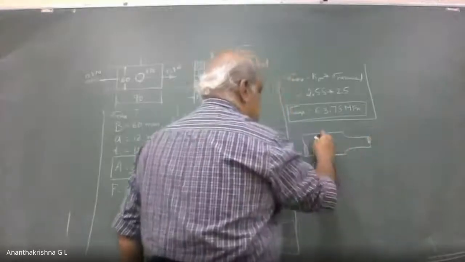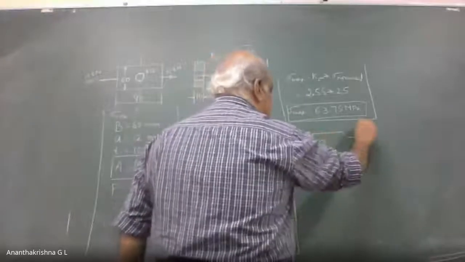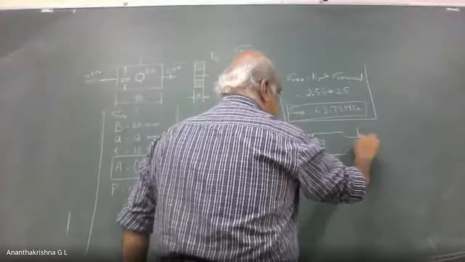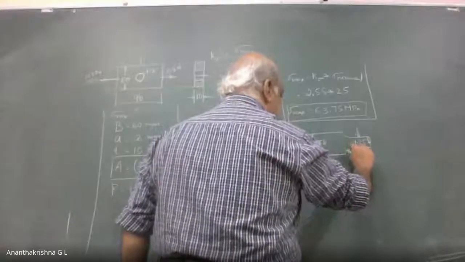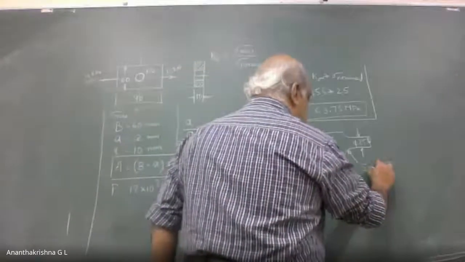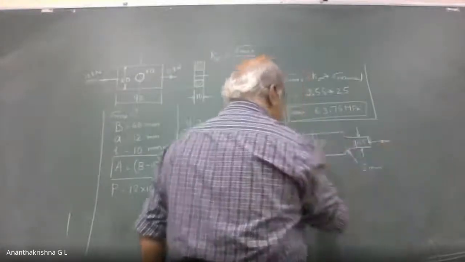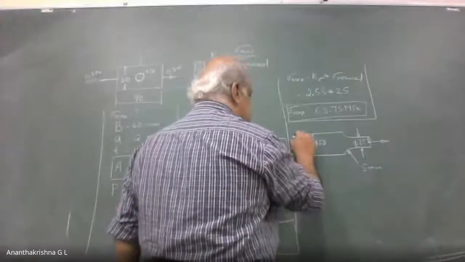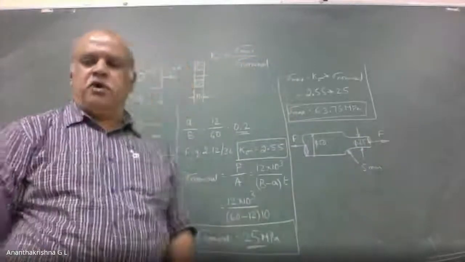I will take this way. So this is diameter 50. This is stepped down to diameter 25 mm. Correct? With a fillet radius of how much? Shravan? 5 mm, sir. 5 mm fillet radius. This is 5 mm fillet radius subjected to axial tensile load. Correct? Axial tensile load. I take it as F. That is the problem. Are you all there with me?